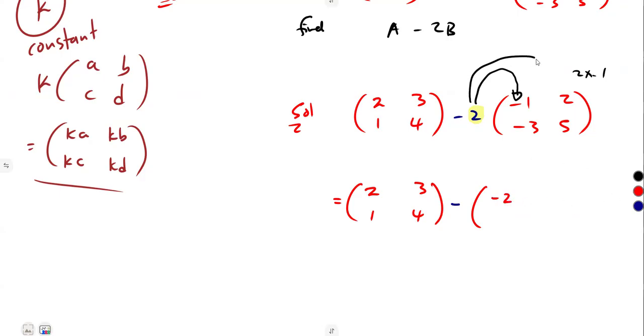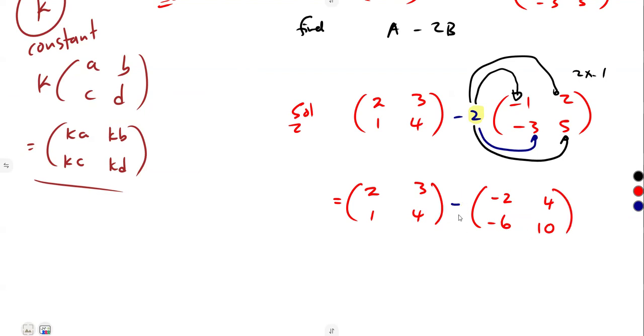Then 2 times 2 is 4. The same here, 2 times negative 3 is negative 6. Then 2 times 5 is positive 10.